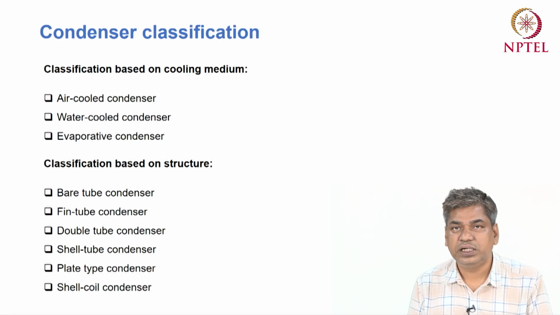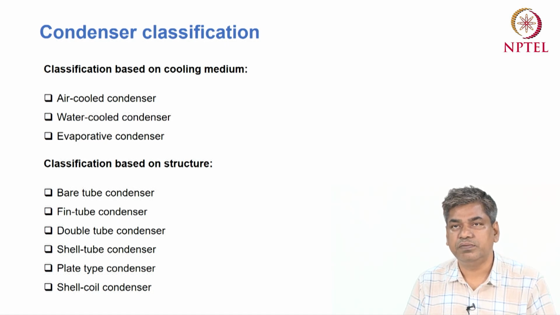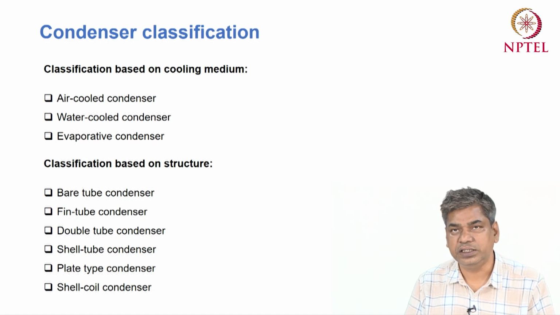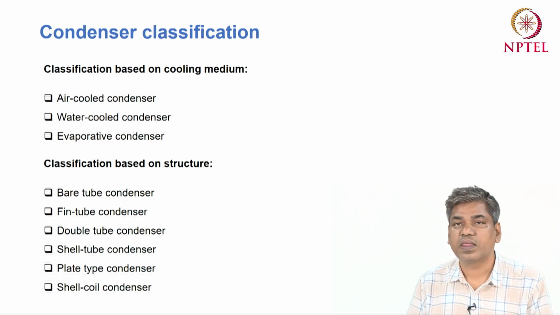So condensers may be classified with respect to different criteria. We can classify the condenser based on the cooling media. That cooling media may be air, or water, or a combination of air and water.